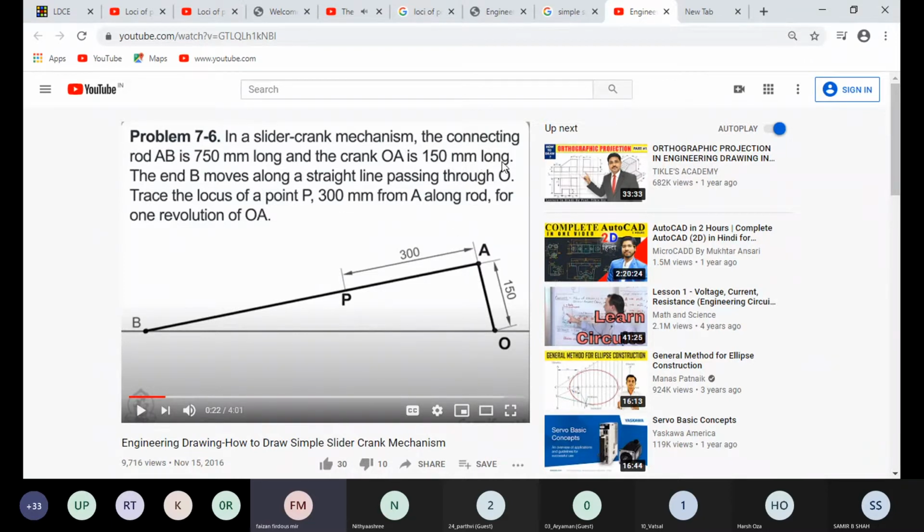we just see the data, so it's very easy for us. The end B moves along a straight line passing through O. Okay, where is B?